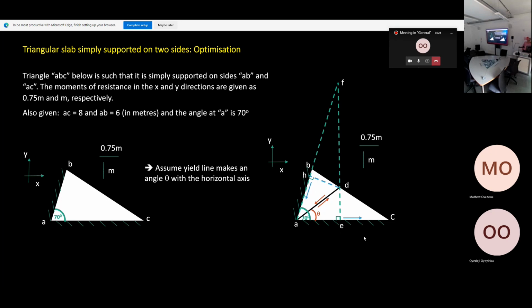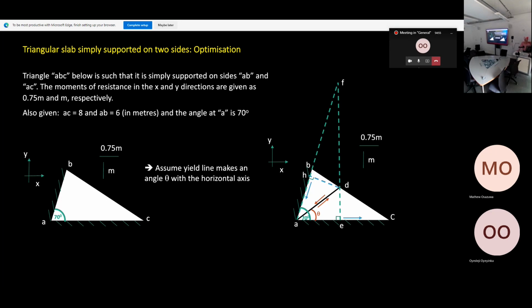This will be in the middle only if this triangle is isosceles. If this triangle was isosceles, then yes, this will be in the middle, but we didn't say that. All we know is it's 90 degrees. It's a perpendicular. That's all we know.